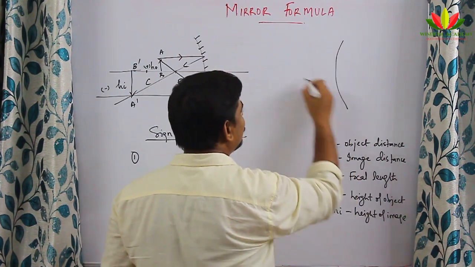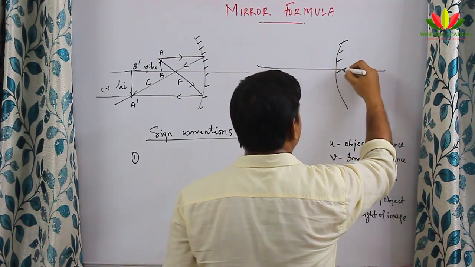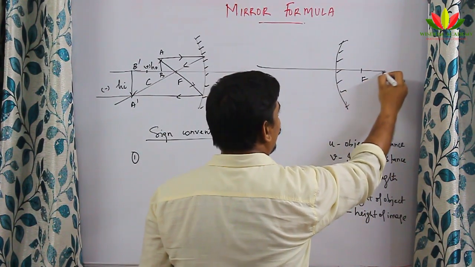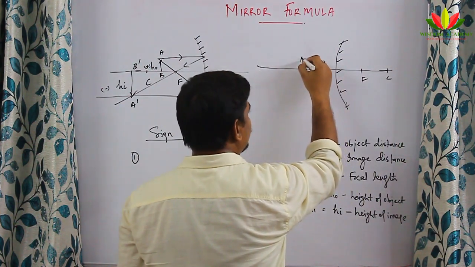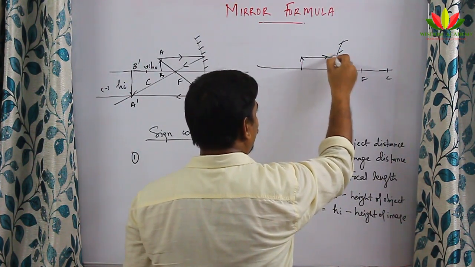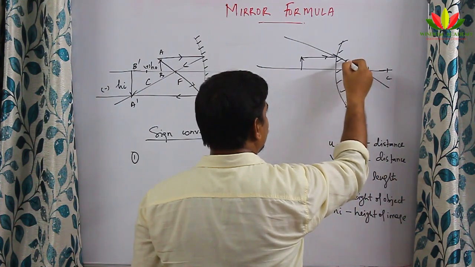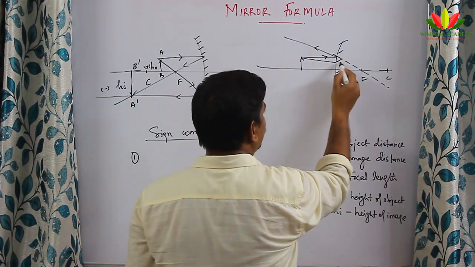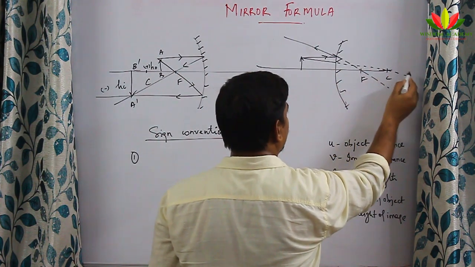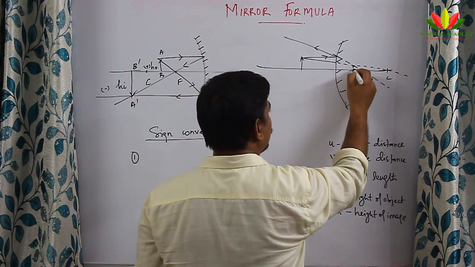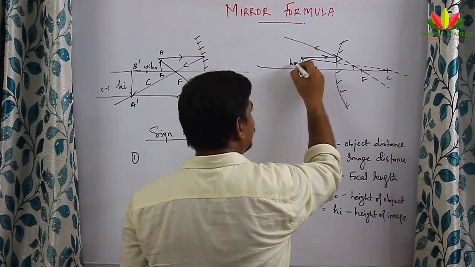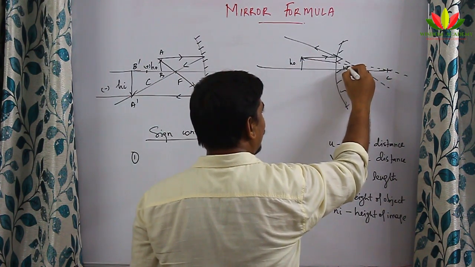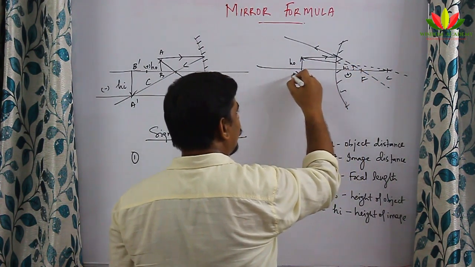Take the case of a convex mirror. In the case of a convex mirror, wherever you keep the object, if you recall, the image will be formed somewhere here. So here HO and HI both are positive.